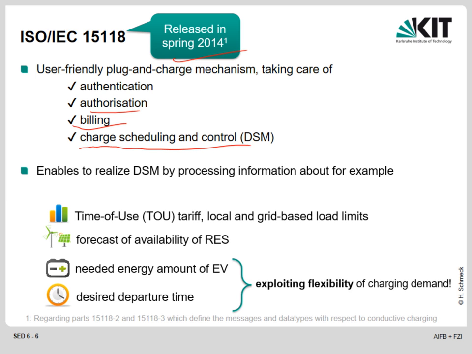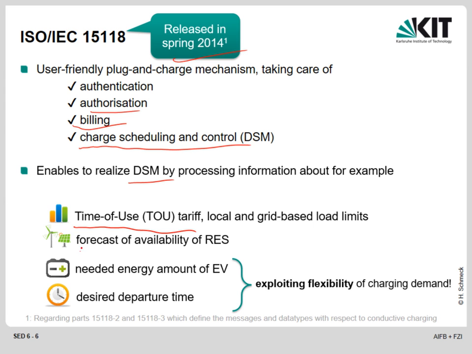So it enables demand-side management by using information of the following type. You have a certain time of use tariff, that means time-varying prices for electricity, and you can communicate that tariff to the vehicle.